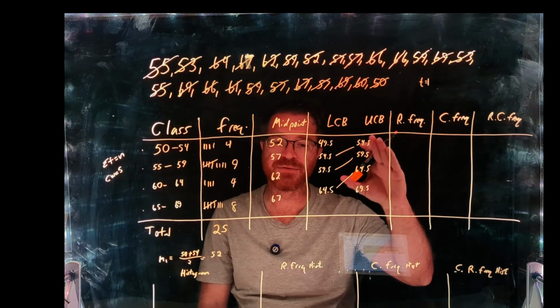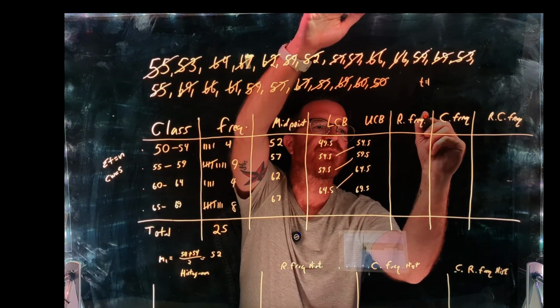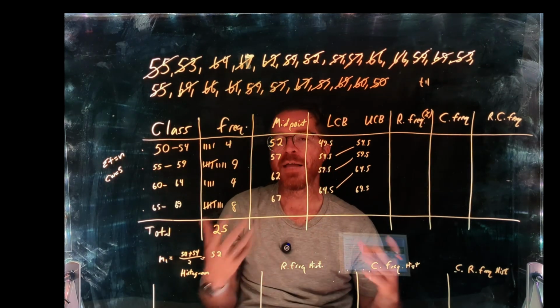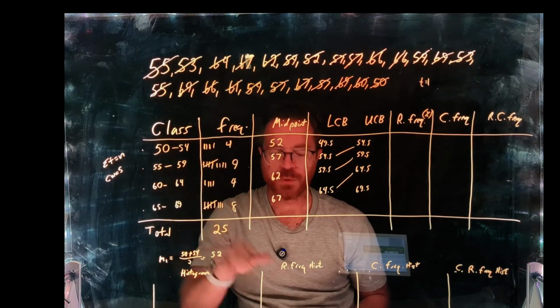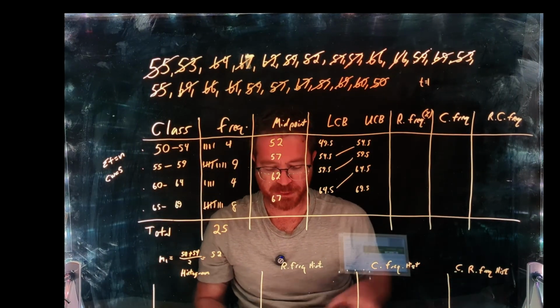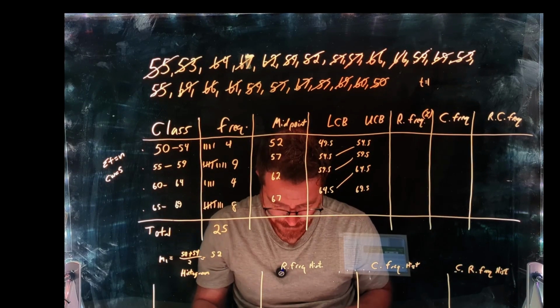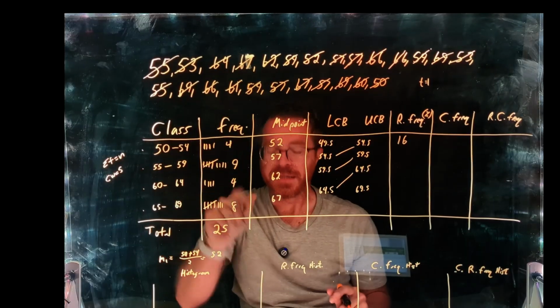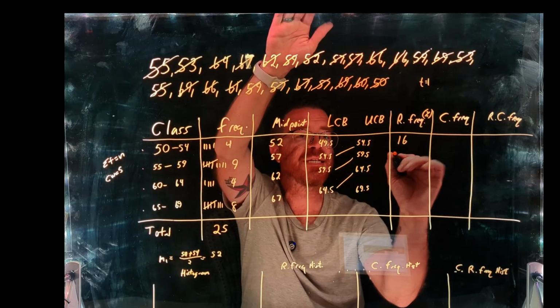So next we're going to do our relative frequency. So again, I'm going to do this in terms of percent, which basically just means I'm going to find the relative frequency as a decimal and then multiply it by 100. So in this case, 4 out of 25 is equal to, let me pull out my calculator for this, 16%. 9 divided by 25 is going to be 36%.